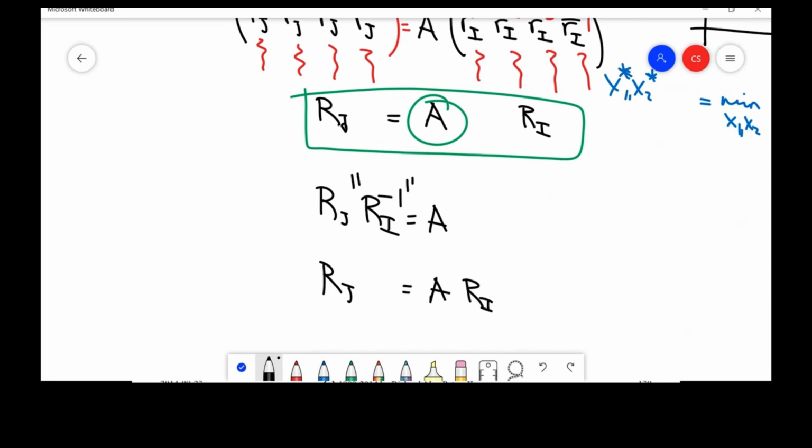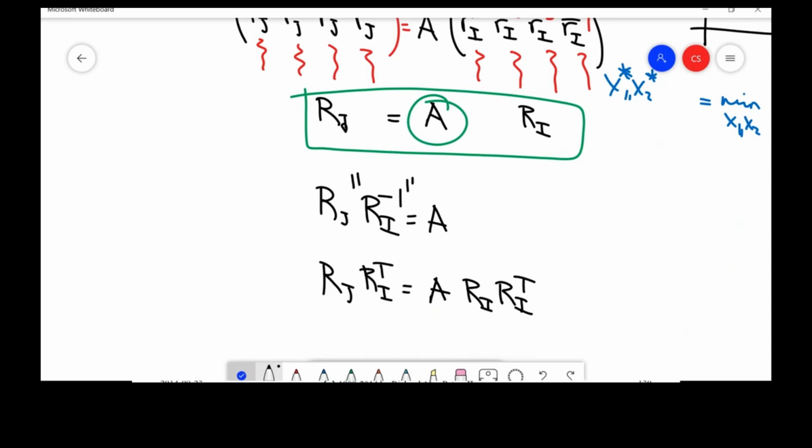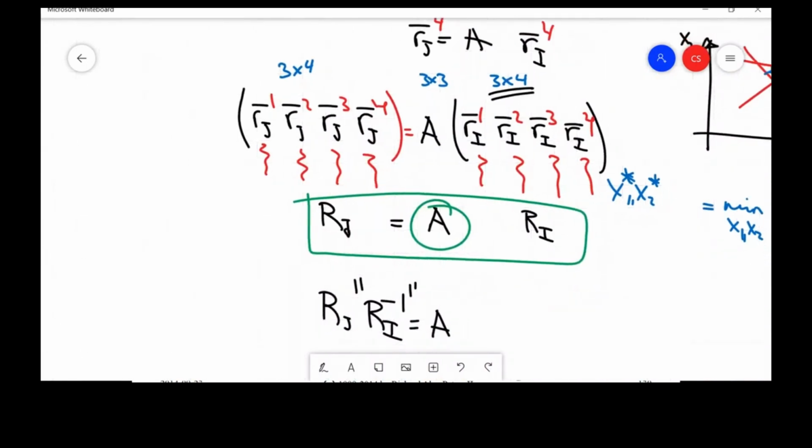And I can multiply on the right by Ri transpose. Okay, so let's look at the sizes now. These matrices were 3 times 4.